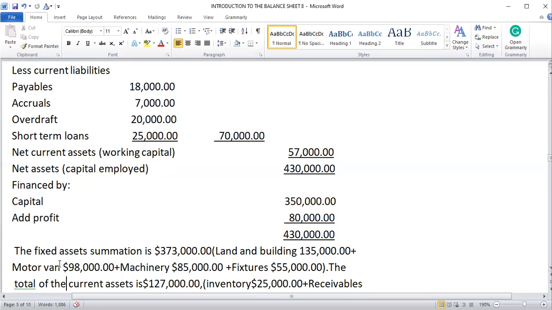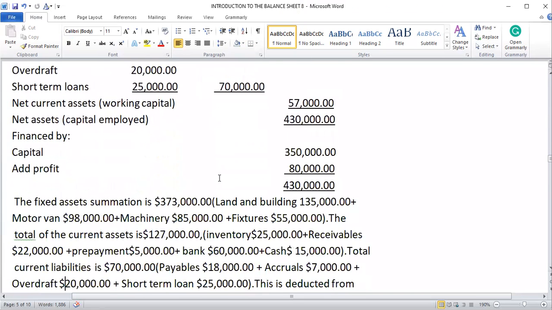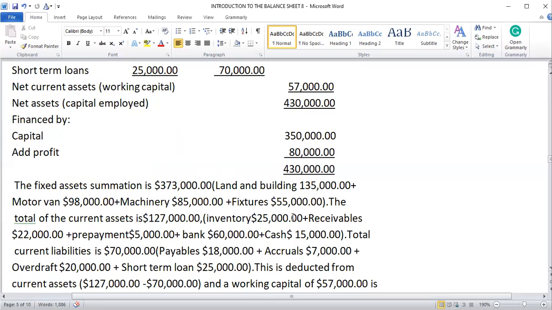What I'm reading, I've already explained, but let me read it. The fixed asset summation is $373,000. It comprises of land and buildings, $135,000, plus motor van, $98,000.